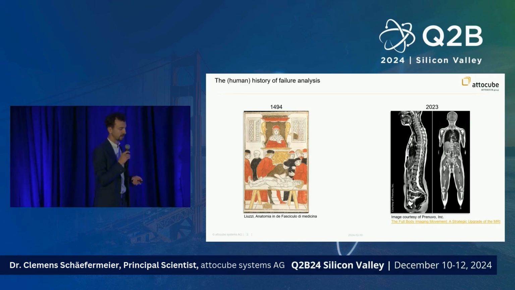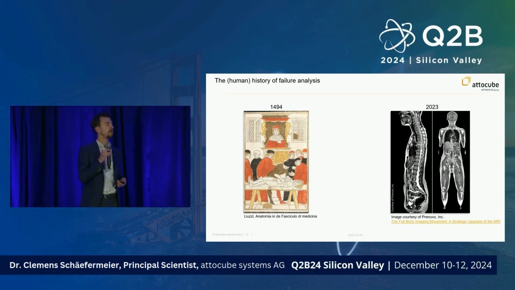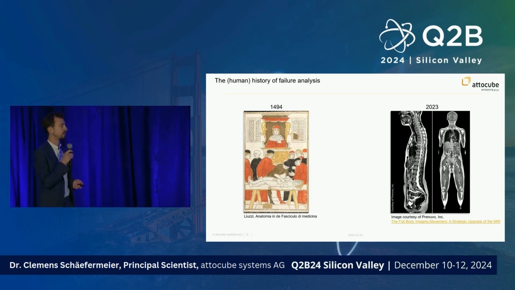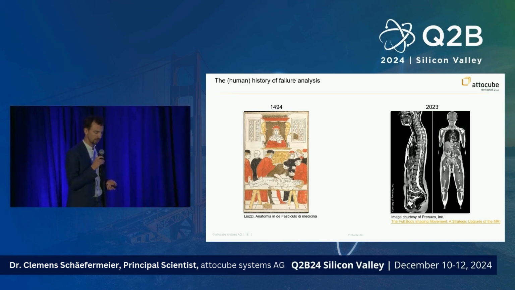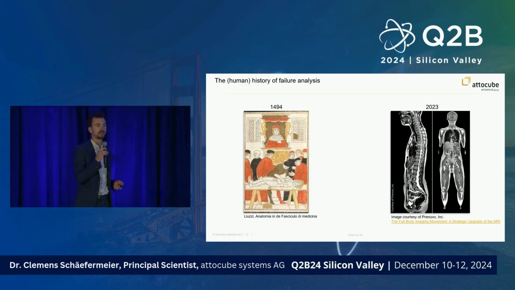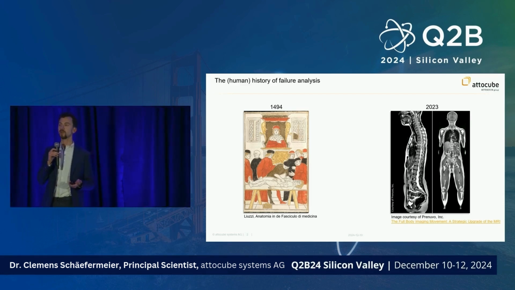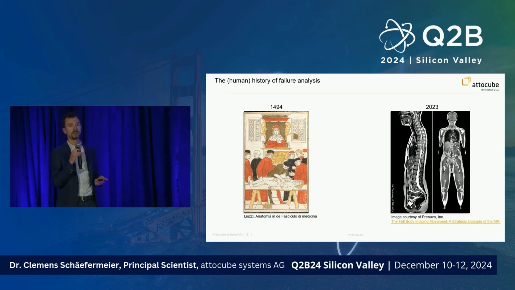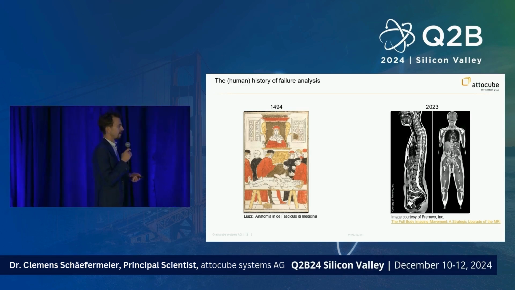So now, from our perspective, it makes perfect sense how we got there, and that an application like MRI is perfectly sensible. But for other technical areas where failure analysis is really needed, like for instance electronics that only work at cryogenic temperatures, we don't have such a measurement modality until today.